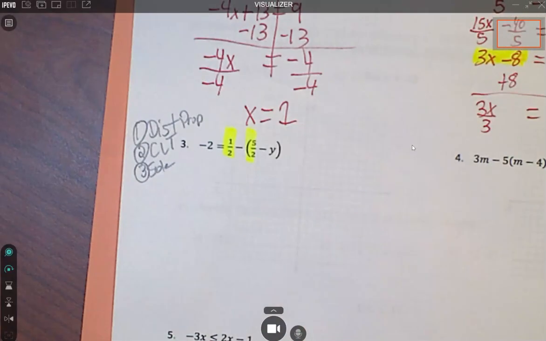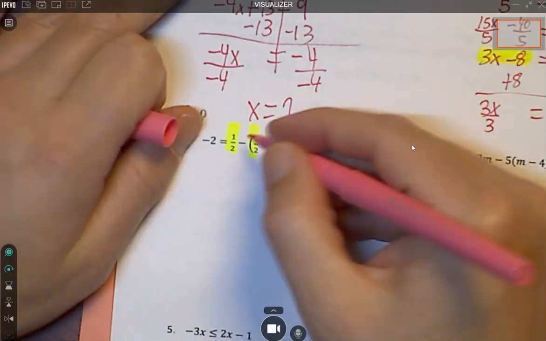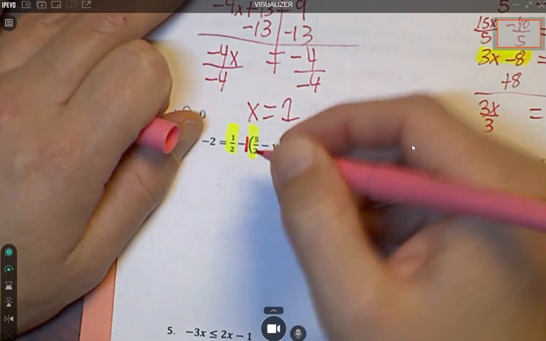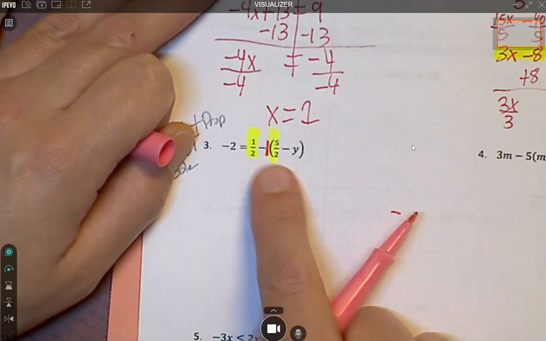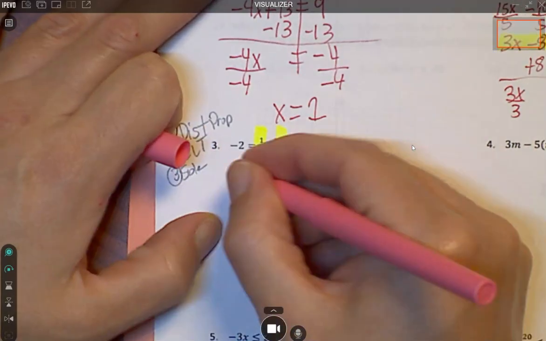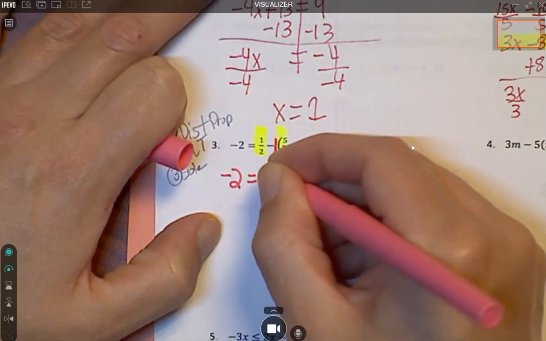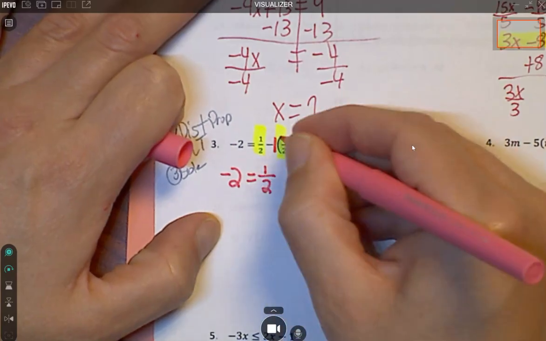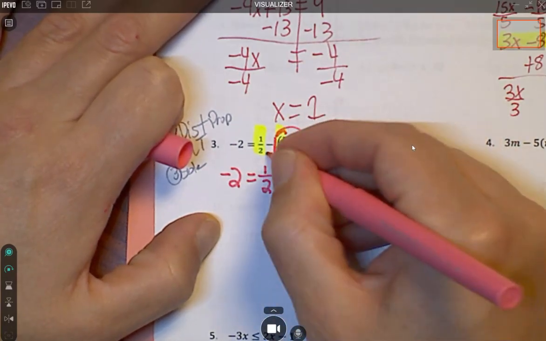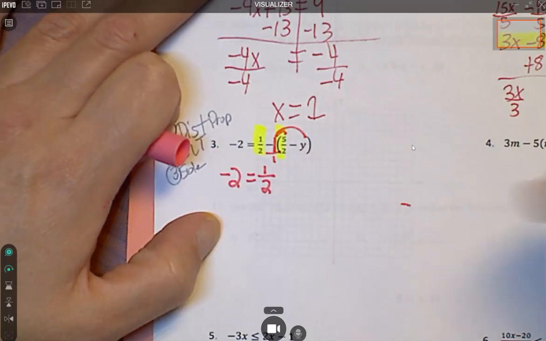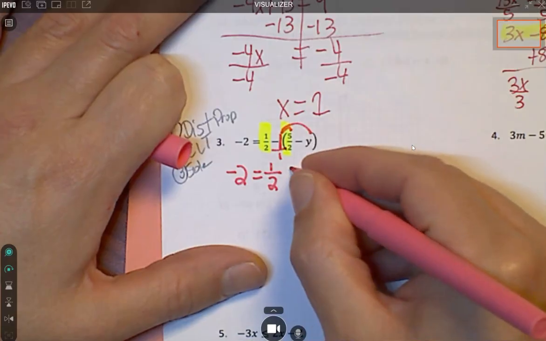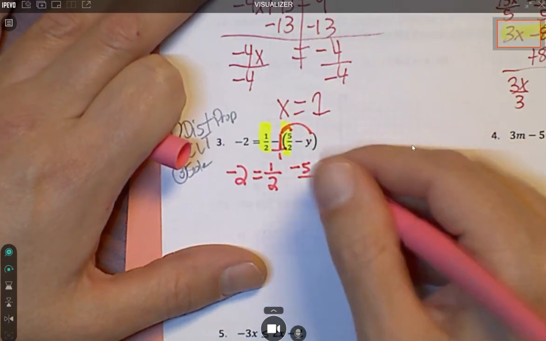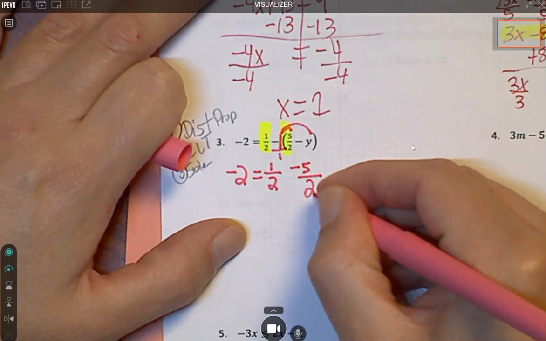So, okay, remember, there's an invisible 1 in front of that negative. So that means negative 1 times those. Don't panic about the fractions just yet. You're really doing negative 1 over 1 times these items. So here, you get minus 5 over 2.